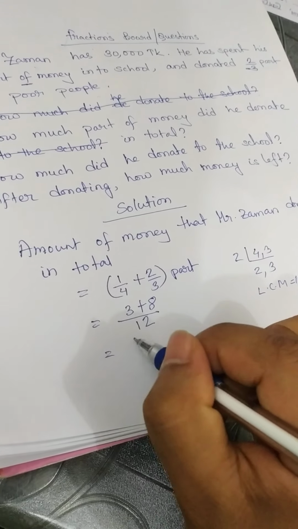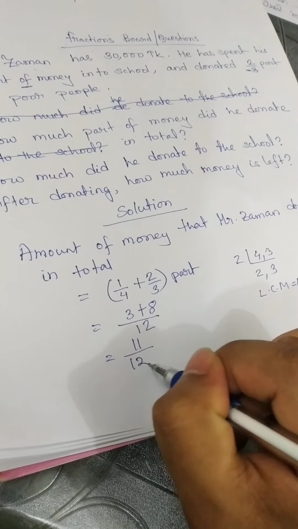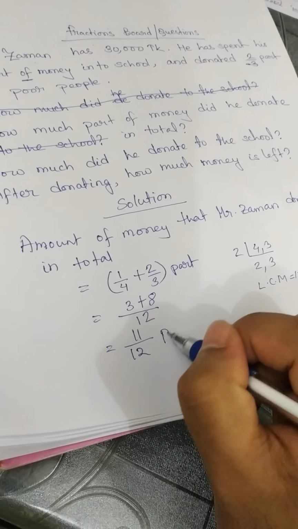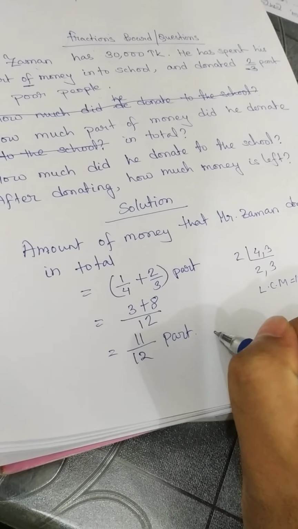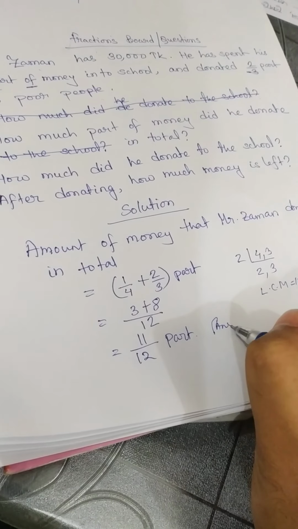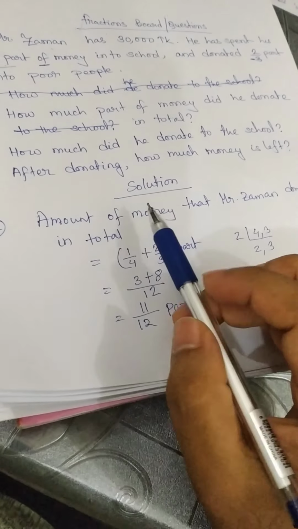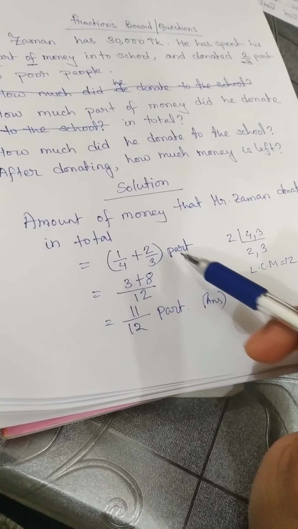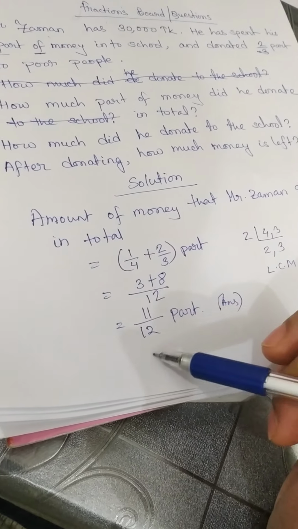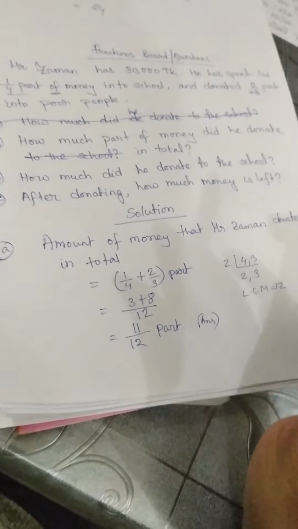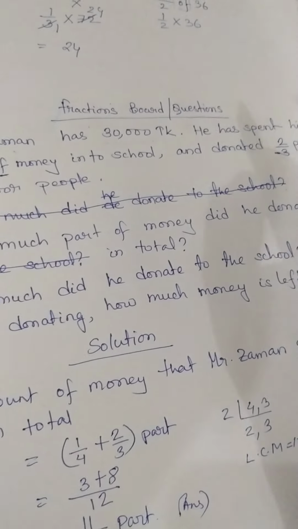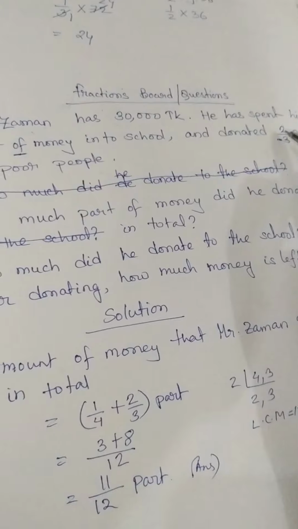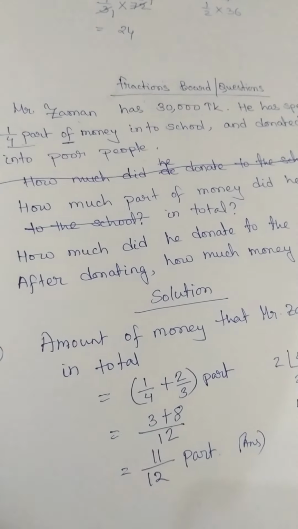So that is 11/12 part. This is our answer for the first part. So the amount of money that Mr. Zaman donated in total is 1/4 plus 2/3 part, that is 3 plus 8 over 12, that is 11/12 part. It's very easy, just the addition of these two fractions, 2/3 and 1/4. That's it.